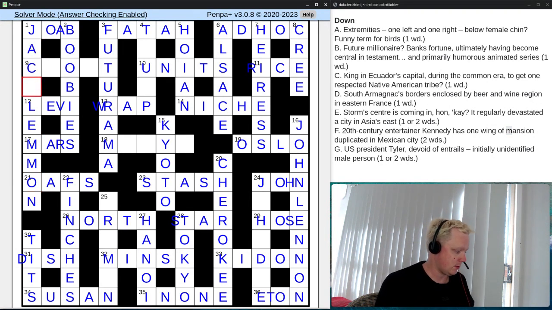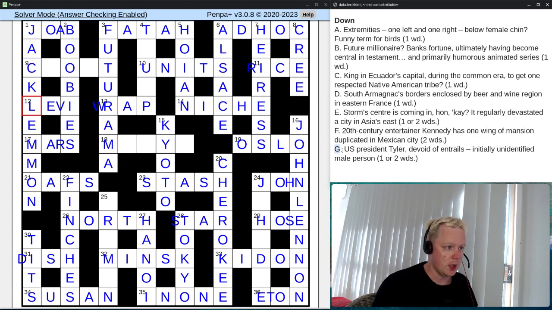And John Kennedy was also called Jack Kennedy, so that's why Kennedy works for John and Jack. So Jack Lemmon is the other entertainer there that we need. And those are the two answers for this F.